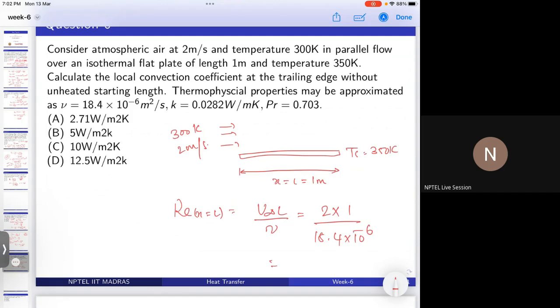What is the Reynolds number? 1.1 into 10 to the power 5. Okay. So this is in laminar regime.